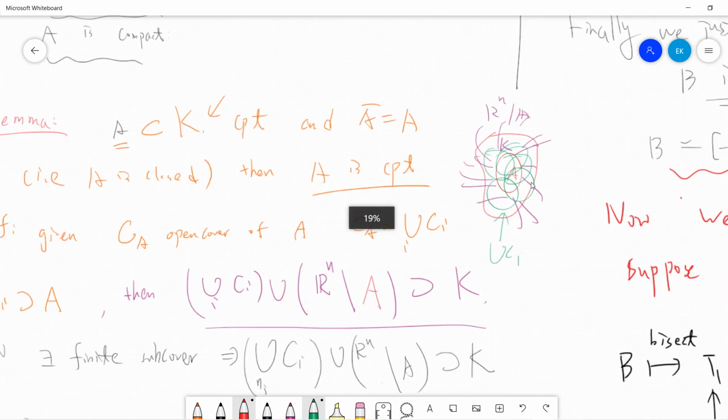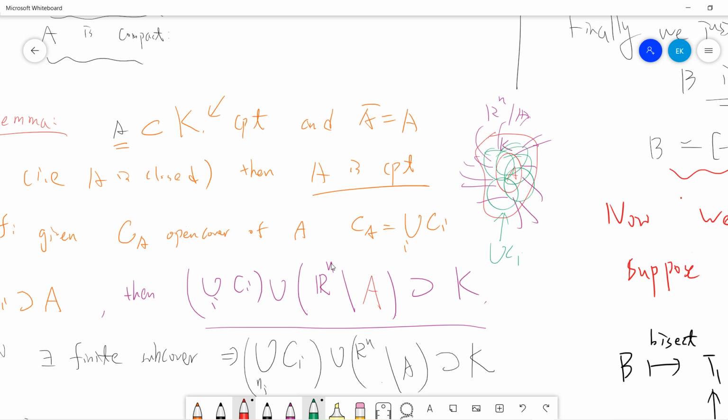Maybe we can see a picture. This is A, and this is K. This red is K, and the small one is A, and this green is C_i. If you remove A, and see all the purple line outside A, which will indeed cover K, right?